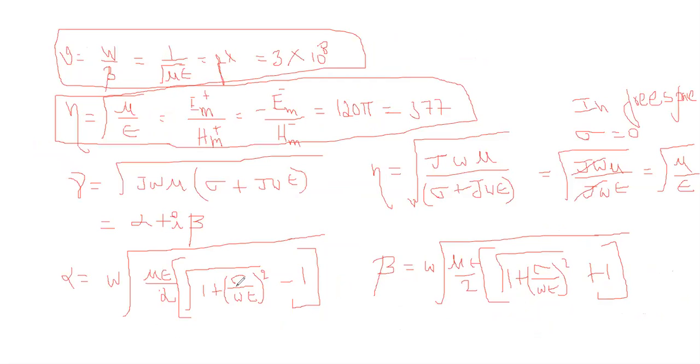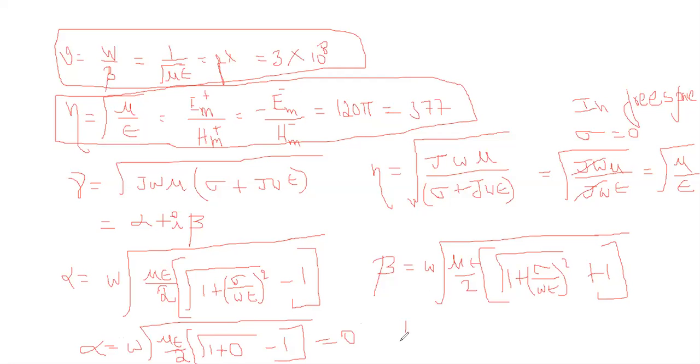Let us see whether alpha is 0 when the conductivity is 0. Sigma equal to 0 means sigma squared is 0, 1 plus 0 is 1, the square root of 1 is 1, 1 minus 1 is 0, and 0 into anything is 0. So alpha is equal to omega under root of mu epsilon by 2 times the square root of 1 plus (sigma by omega epsilon) squared minus 1, and with sigma 0, alpha is equal to 0 in a perfect dielectric.